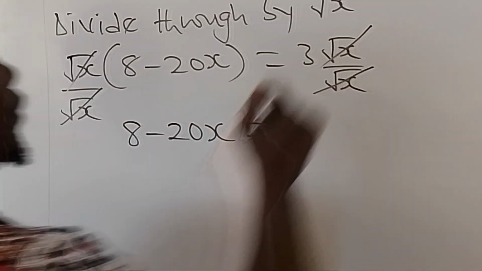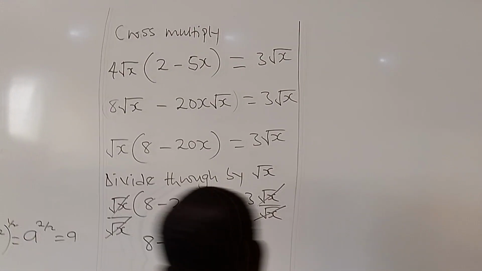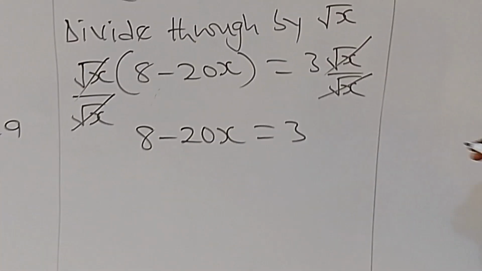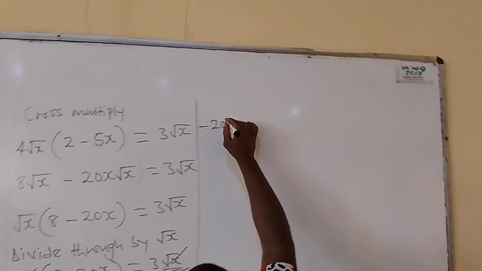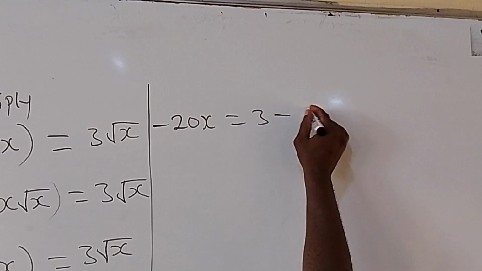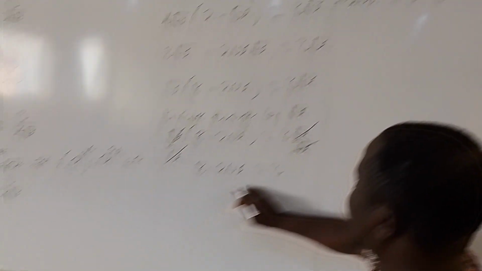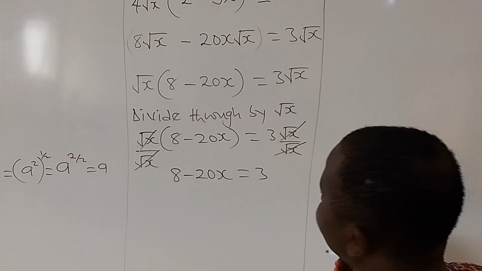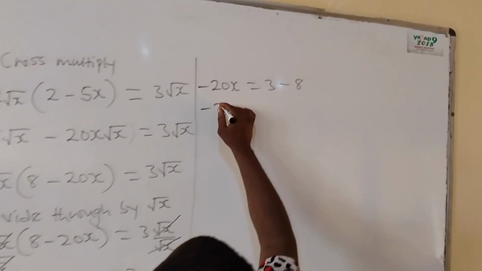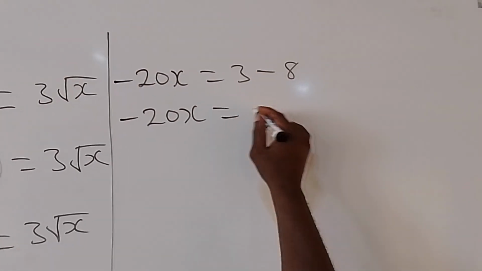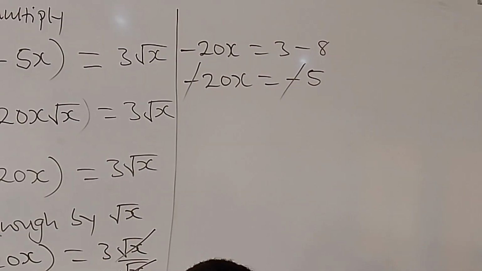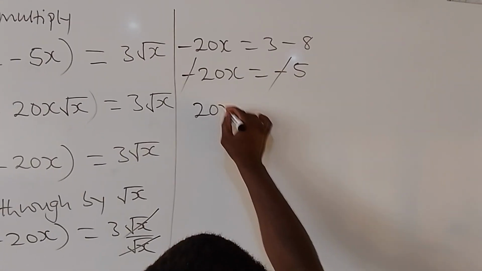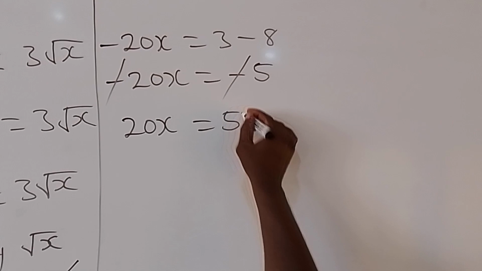So this implies that we collect like terms. If we collect like terms, we'll have minus 20x equals 3 minus 8, because if 8 crosses the sign of equality, it becomes minus, true or false? So here will be minus 20x equals minus 5. This and this will cancel. So we have 20x equals 5.